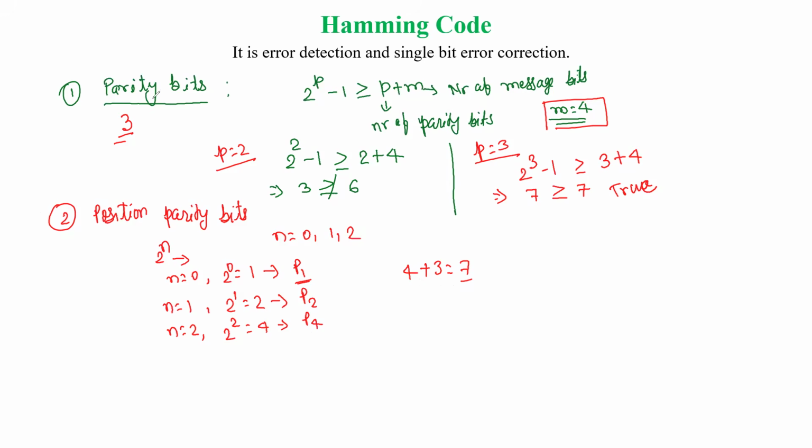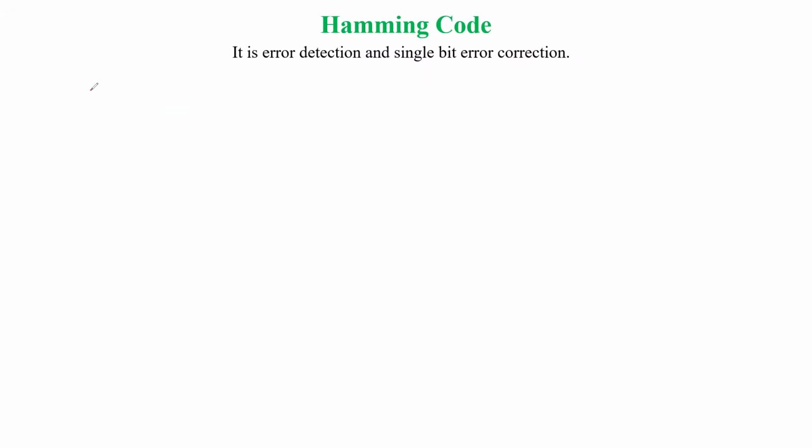From here, you understood how we decide how many parity bits are required. And next, you decide the position of the parity bits. Now we are taking one example.